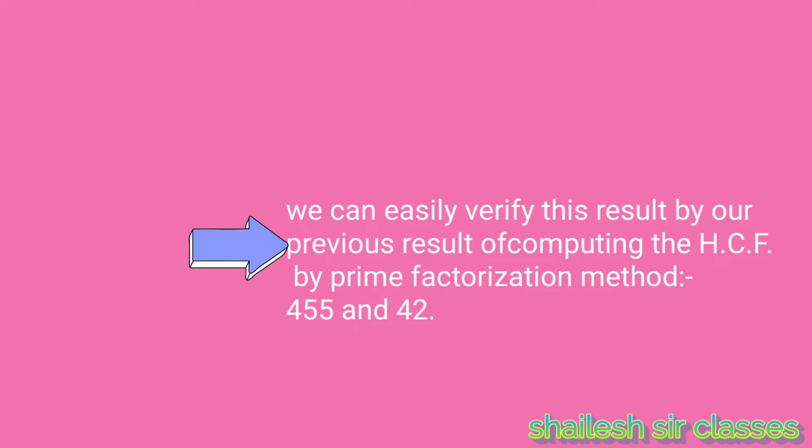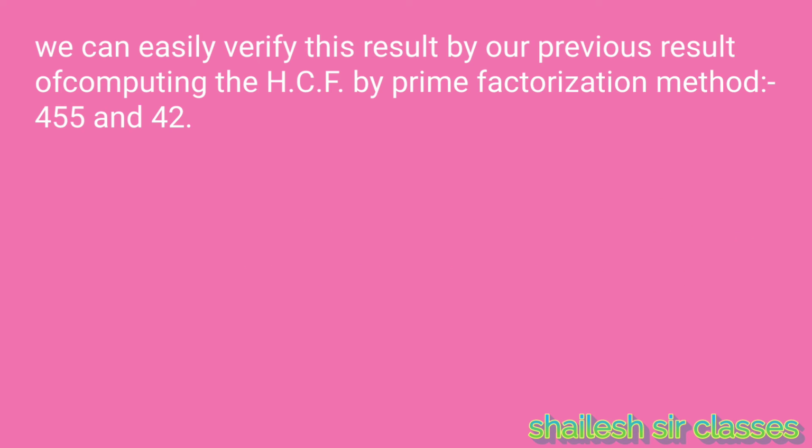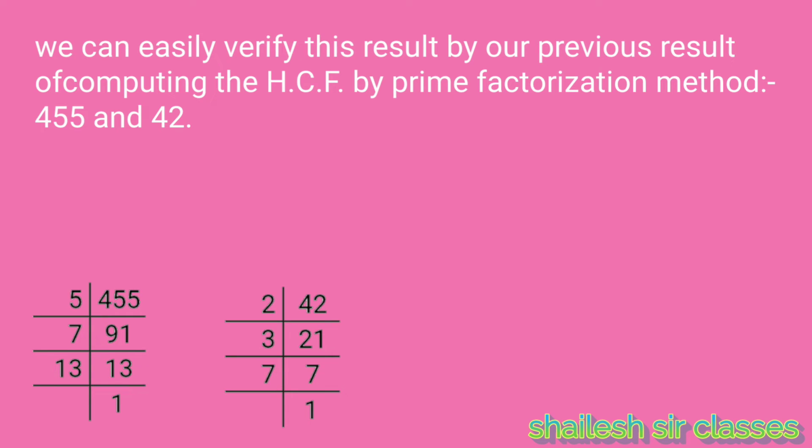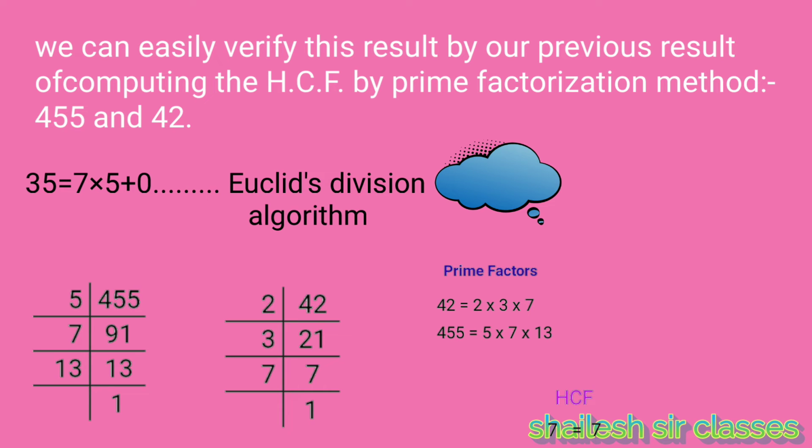We can easily verify this result by our previous result of computing the HCF by the prime factorization method. When we verify, we find that it is exactly the same as by our Euclid's division algorithm, so we can verify it.